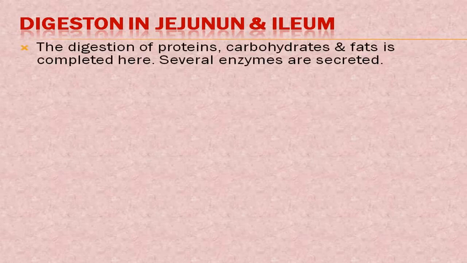Now the digestion in the duodenum, jejunum and ileum. The digestion of proteins, carbohydrates and fats is completed here. Remember, the digestion of carbohydrates started in the oral cavity. The digestion of protein started in the stomach.